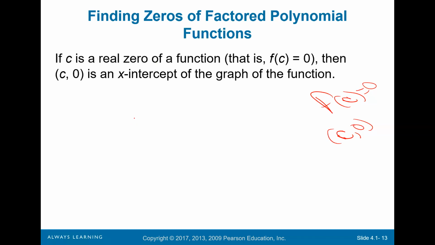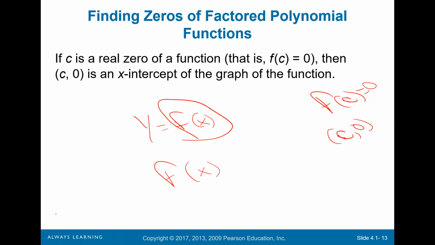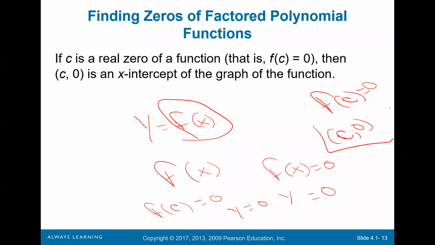How do I know that? Because I know y is equal to f of x. f of x is the name of the function. It's called f in respect to x. So if I plug in 0, or if I say f of x equals 0, I'm saying y equals 0. If I say f of c equals 0, I'm still saying y equals 0. That's how we get this ordered pair (c, 0).